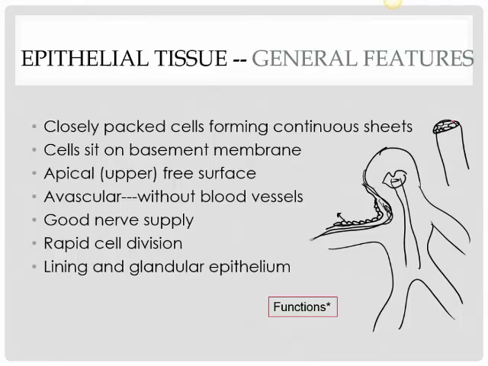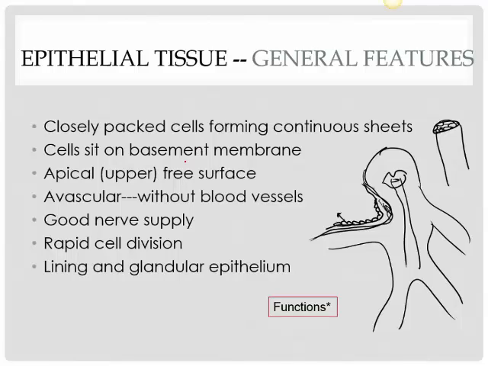So they have one surface which is free, which is towards the cavity of that organ, right? So imagine you have a tube like this. So the one surface of the cell will be on the basement membrane, the other will kind of face the cavity. So that will be a free surface. So they always have an apical free surface and one attached surface which sits on the basement membrane.